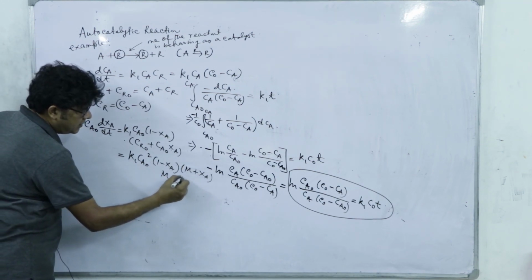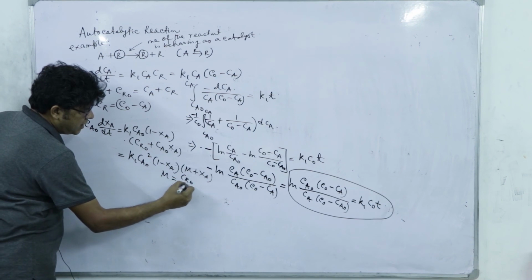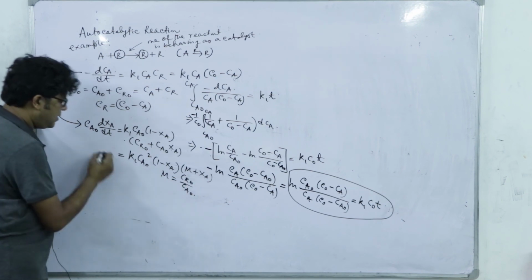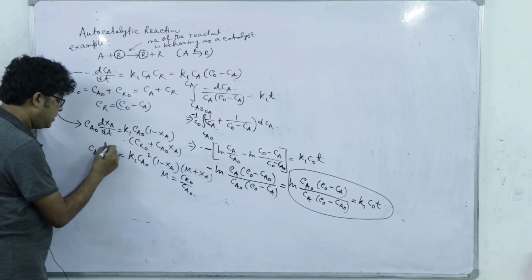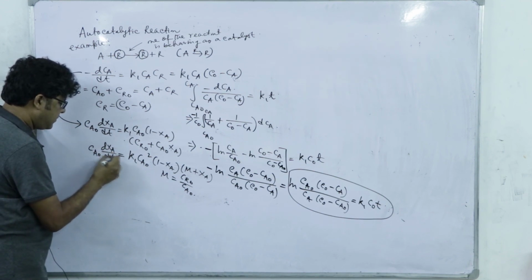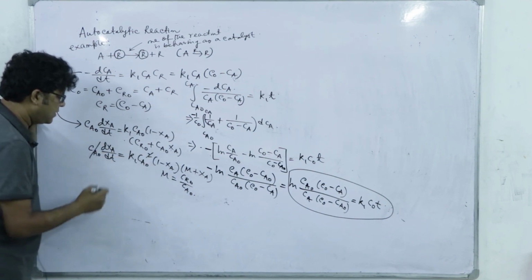So, M is equal to Cr naught by Ca naught, and this is Ca naught into dXA dt, and this Ca naught cancels out.